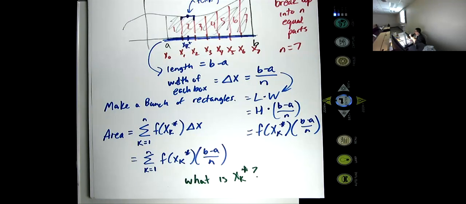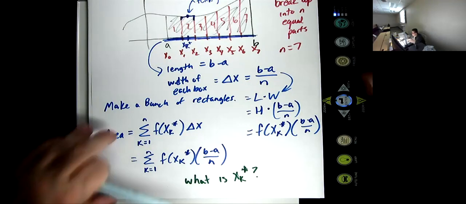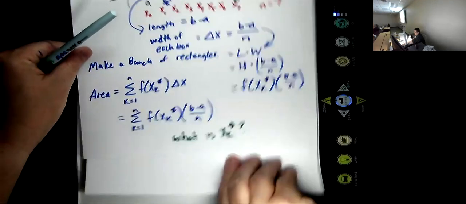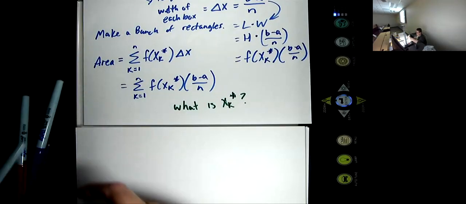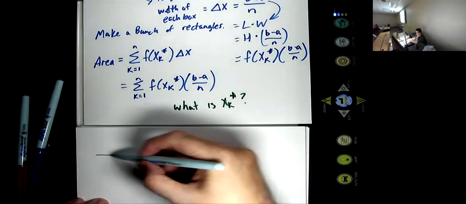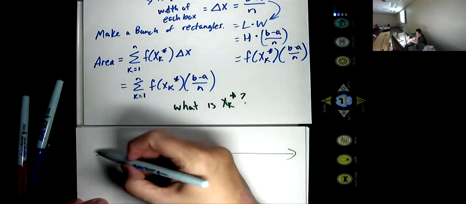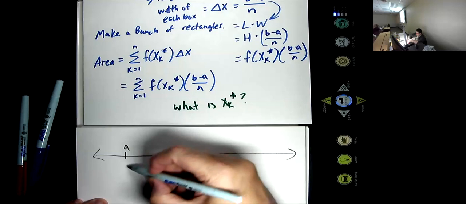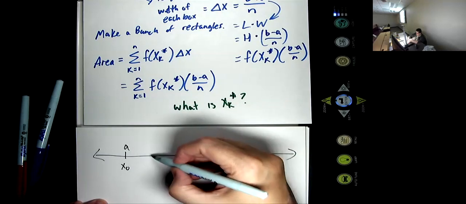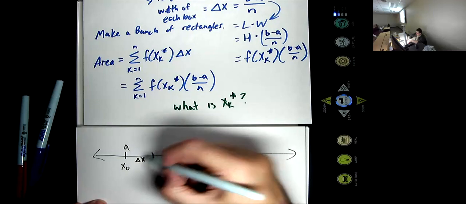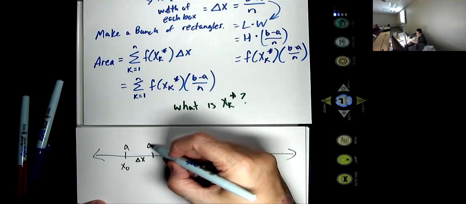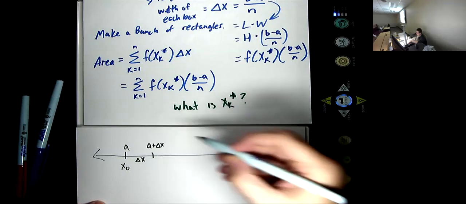All right, so looks like people are done writing. I'm going to rewrite this axis down here and stretch it out so I can write it a little better. Let's figure out what x sub k star is. That's a, and this was x0. Then we go a distance delta x this way, so this is a plus delta x.